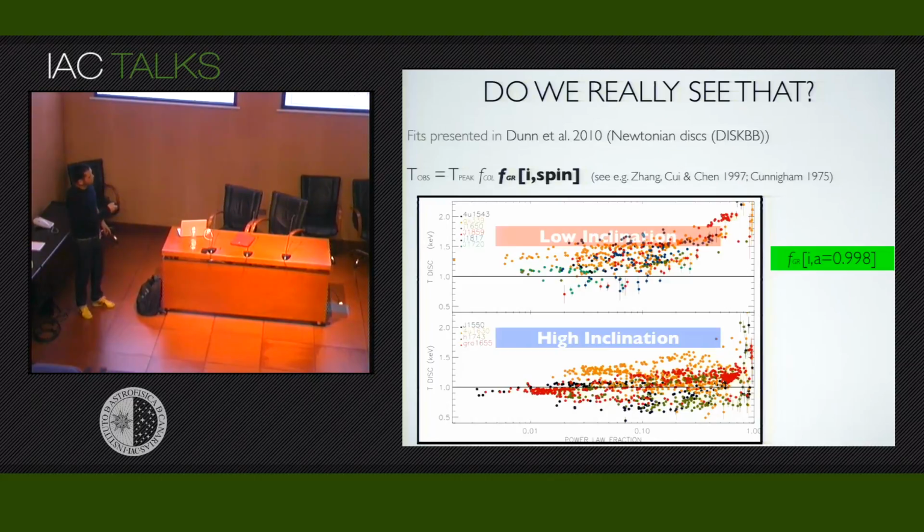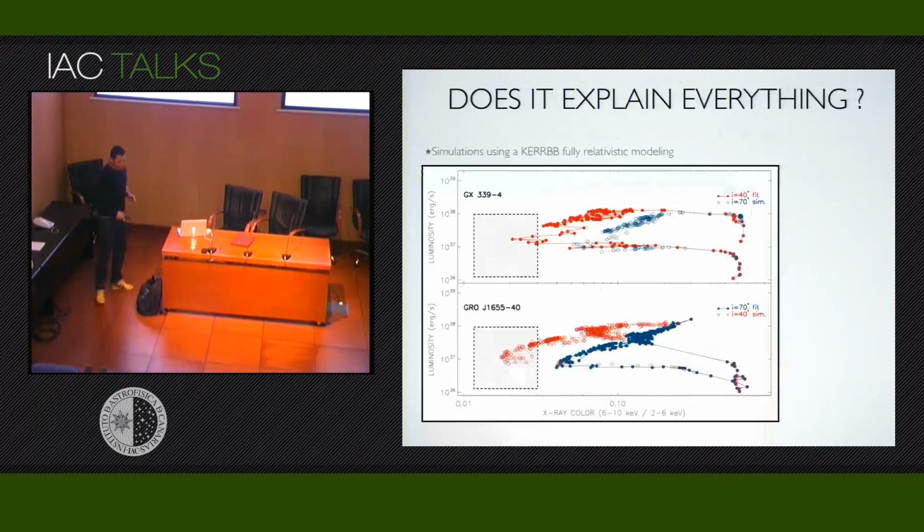In any case, of course, we don't know the spins of every system, so it's impossible to do an accurate match. But it tells us that it is this general relativity factor that we need to reconcile the two populations. And actually, we can do a much better thing. We can fit the whole outburst evolution from the two systems. This is a low inclination system, and this is a high inclination system.